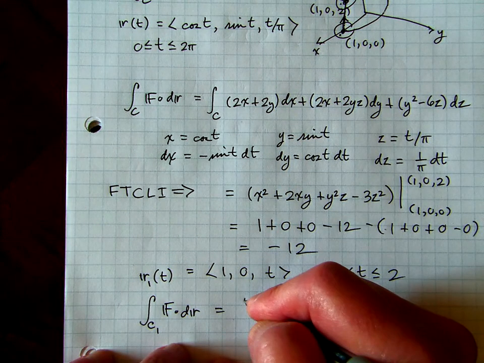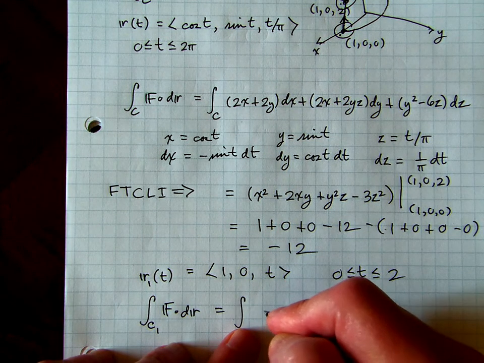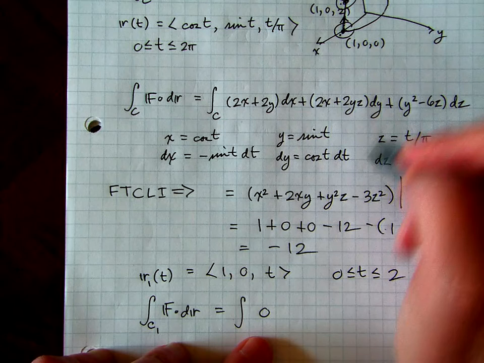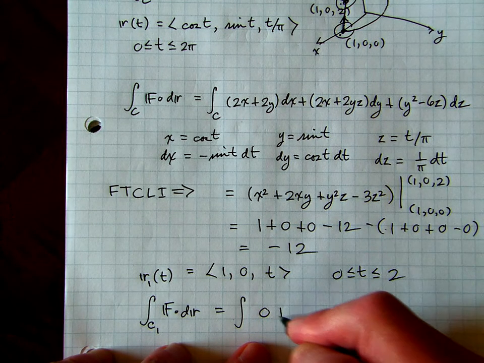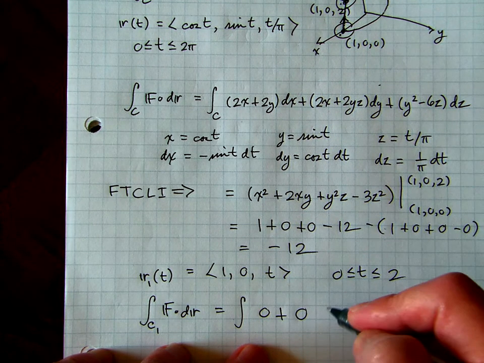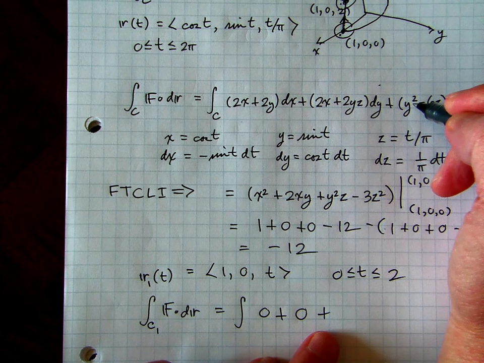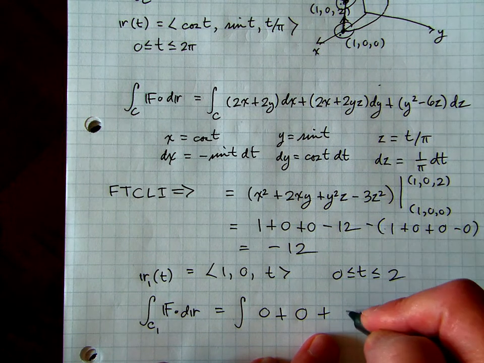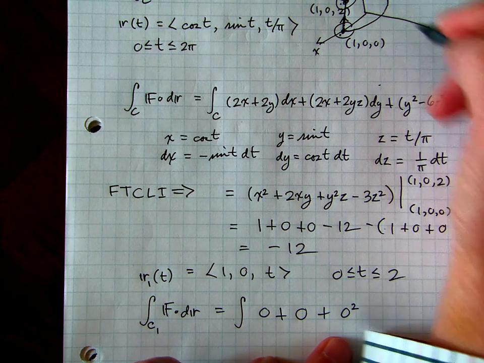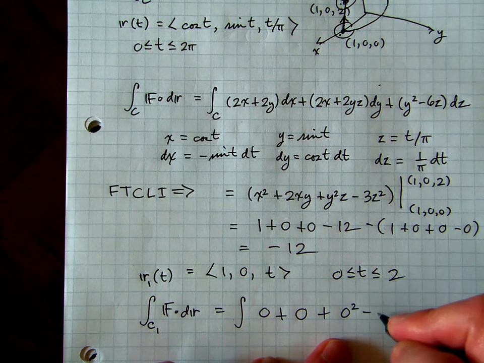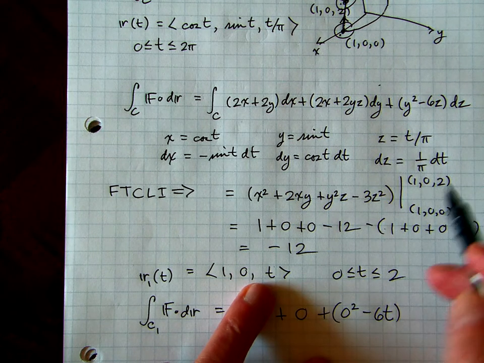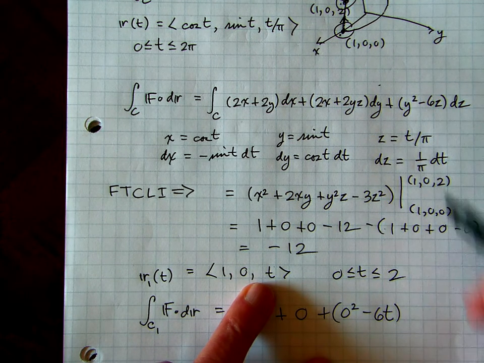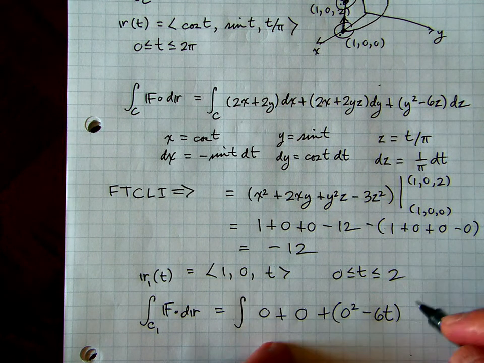So I'm looking at 0. Because y is a constant, dy is 0. So my second term is 0. My third term, y squared, is still 0, minus 6t. And dz, well, z is t, so that's dt.